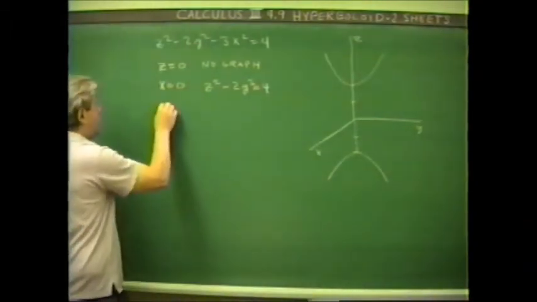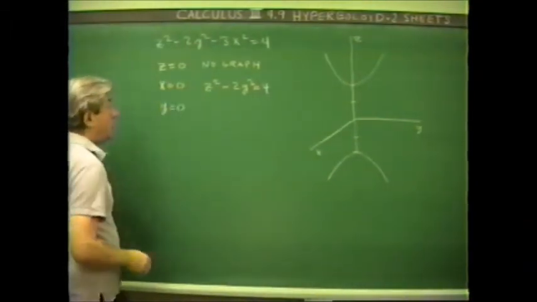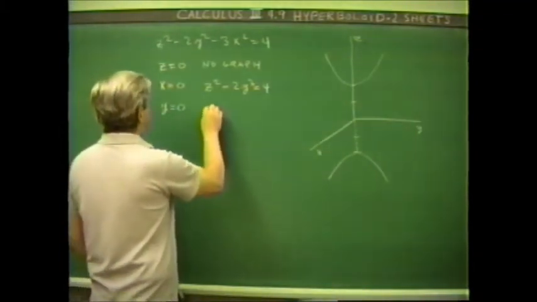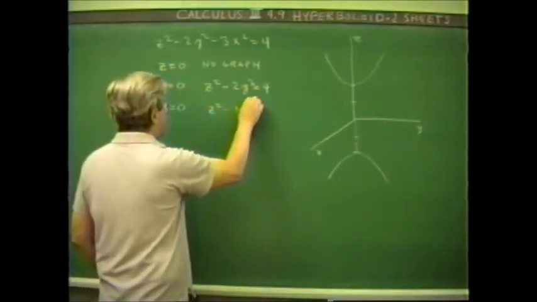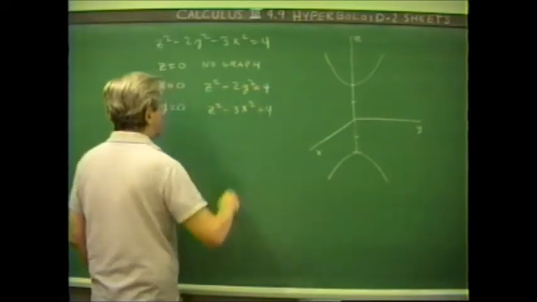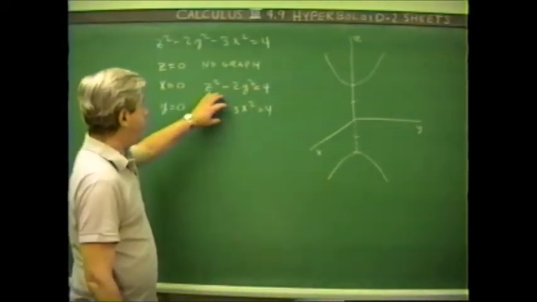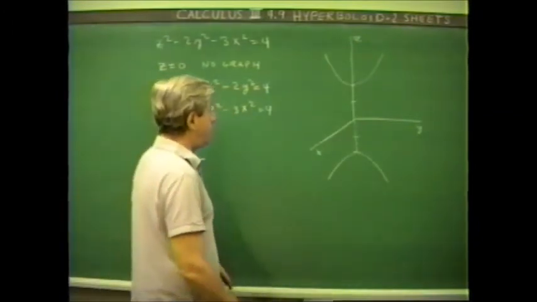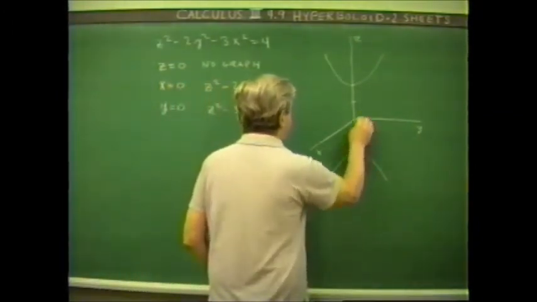When y is equal to 0, right, we're looking at then z squared minus 3x squared is equal to 4. Again, here, when z is 0, there's no x value, but when x is equal to 0, z is plus or minus 2. We've already plotted that point.